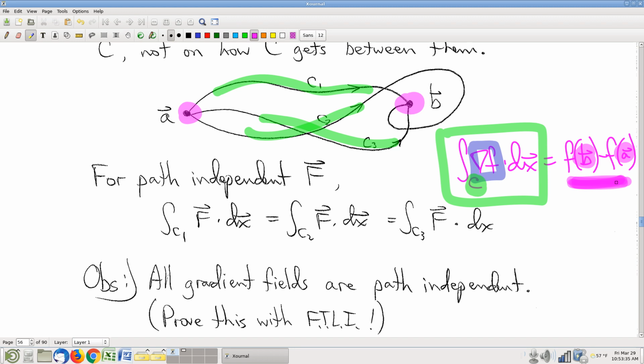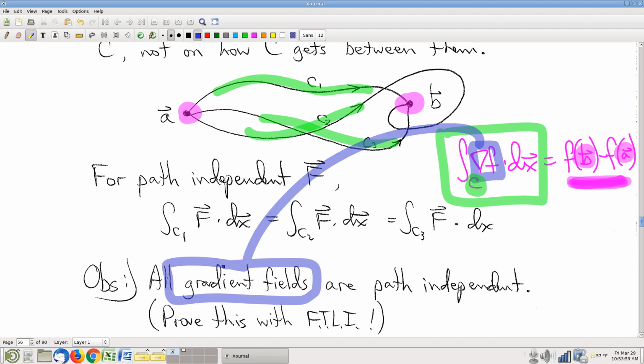Oh, what if I pick a different curve? Well, it's still going to be f of b minus f of a. A and b are fixed. We're looking at the gradient of the same function, little f. The right side is completely independent of the curve. It depends only on the endpoints. So the moral of this story is that every gradient field is path independent because for every gradient field, the line integral depends only on the endpoints.